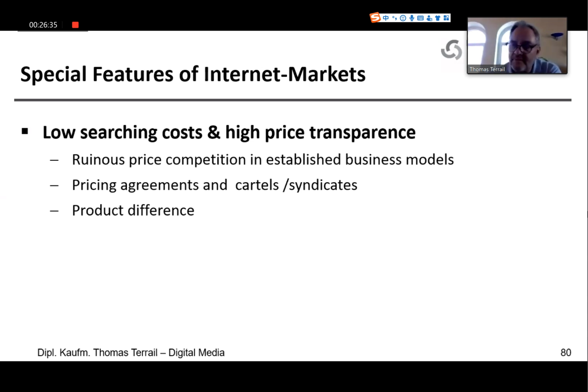And if you have a store which is possibly in the center of a city, it has to pay its fees and its rent and all that, it has to sell its products. Another point is that if you offer books online, it's no problem to have a book there that is only sold 2 or 3 times in a year.